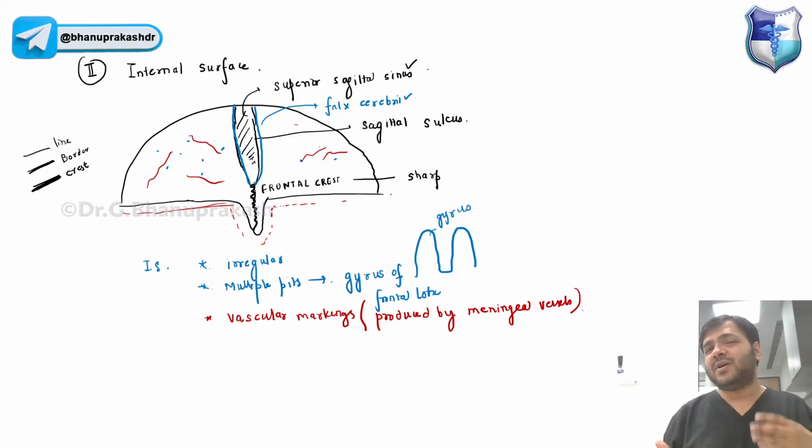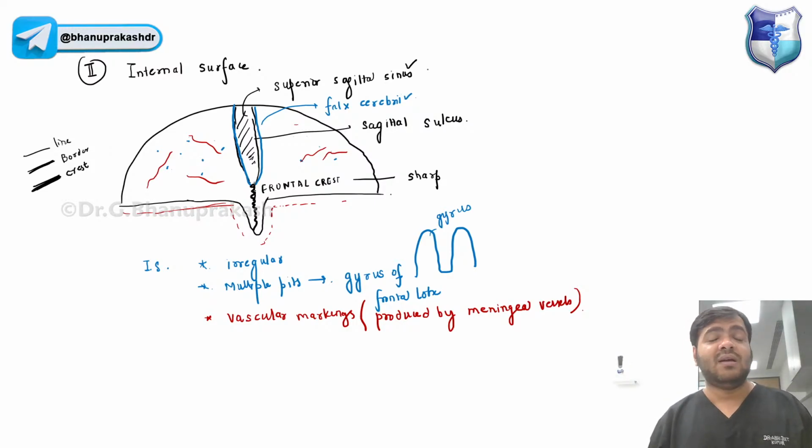Although no particular function is known till date, just remember that sometimes it will allow the passage of emissary veins, but as of now we don't have to go into that much detail.